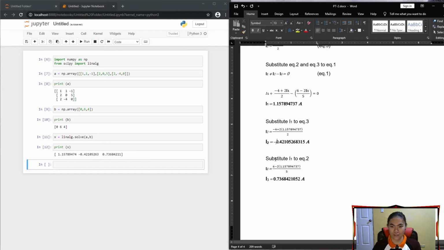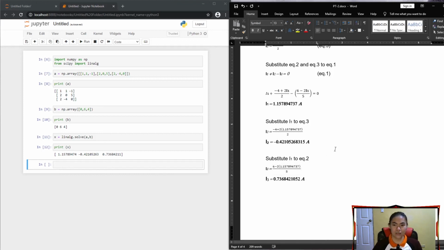Then, the last one, substitute I1 to equation 2 para makuha natin yung current sa ating I3. So, 0.736842105 amp. Compare natin dito sa Jupyter Notebook. Same rin siya.